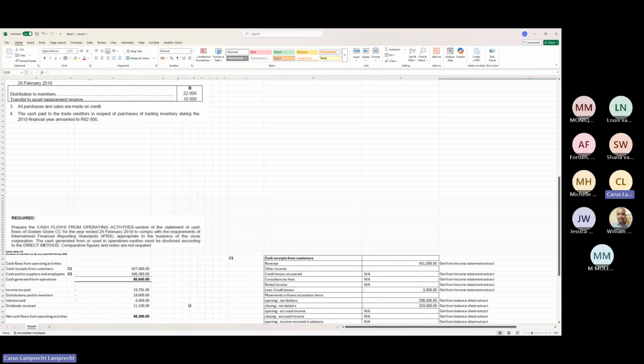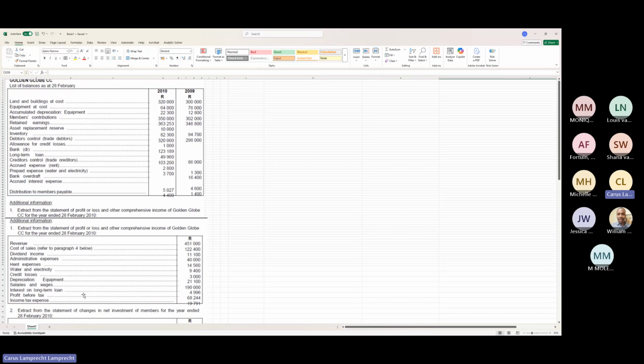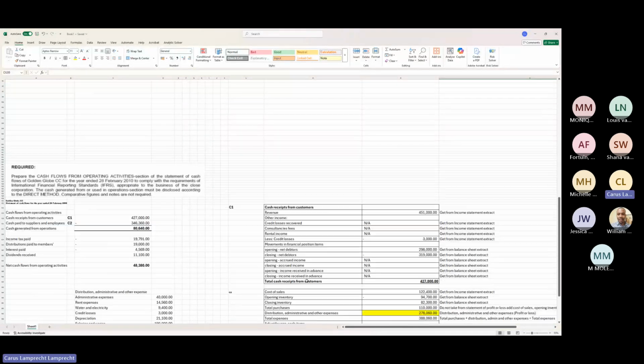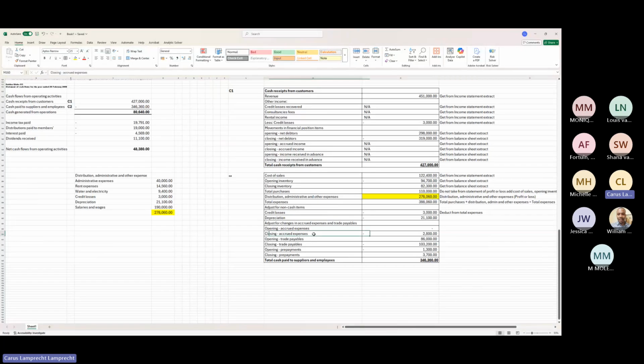Okay, anyway, there is no opening balance for the accrued rental expense. To make it easier for yourself, maybe put it in brackets, because it can get a bit confusing. So there is no opening balance, and we deduct our closing balance.